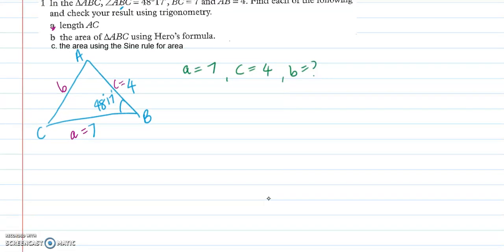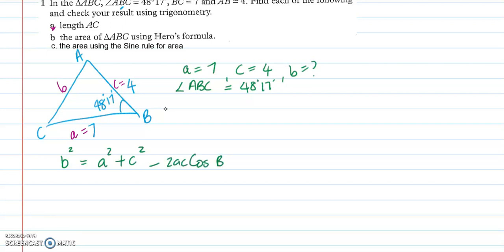We know that angle ABC is equal to 48 degrees and 17 minutes. Now, as we know, if one angle is given and the two sides which create that angle are given and you have to find the third side, we use the cosine rule. So let's write our cosine rule. B squared is equal to A squared plus C squared minus 2AC cos B.